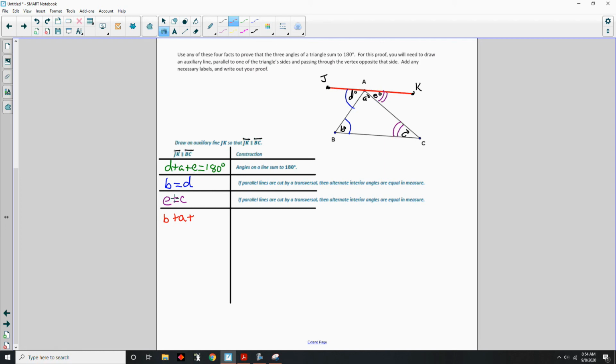And E is equal to C, so instead of writing E here, I can write C. So B plus A plus C has to equal 180 degrees. Okay, and that is the substitution property of equality, and we have just proved that the three angles in a triangle sum to 180 degrees.